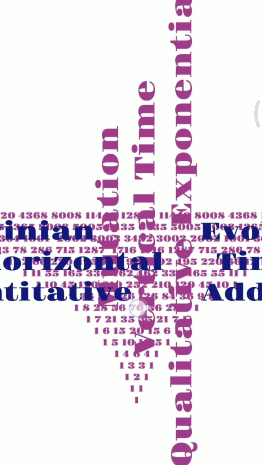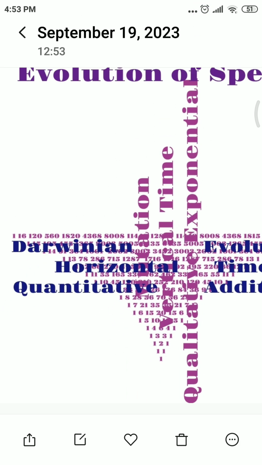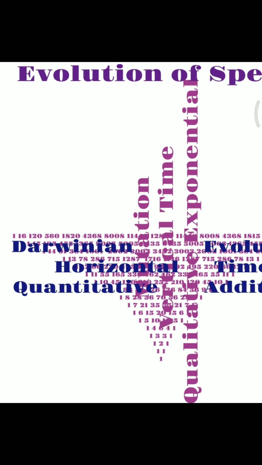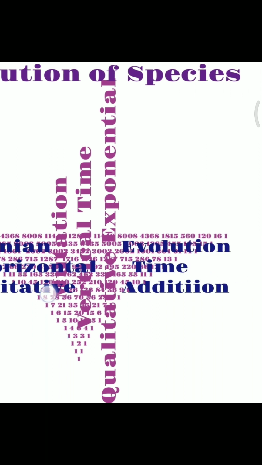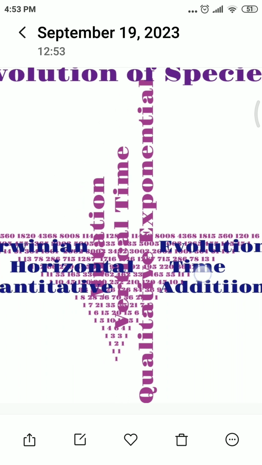So this vertical evolution is like the power exponential evolution, whereas this horizontal evolution is simply like a Fibonacci kind of evolution.